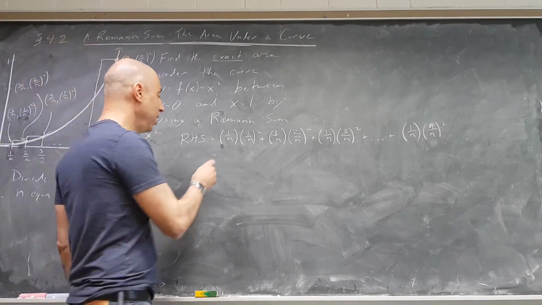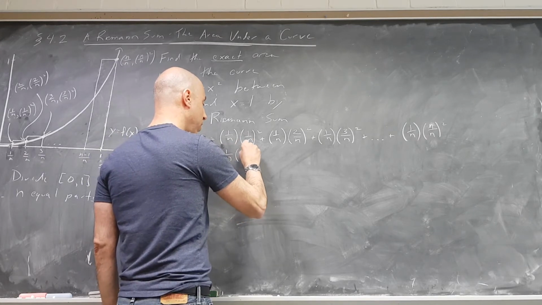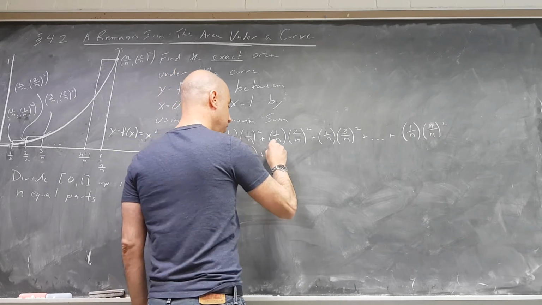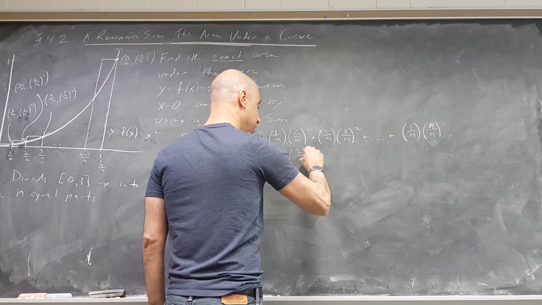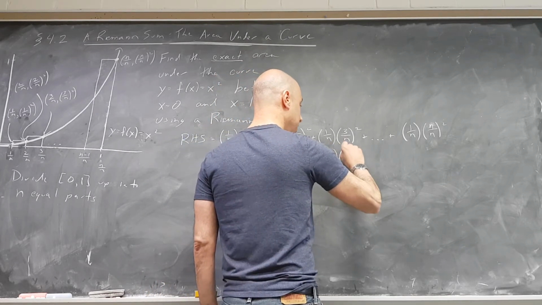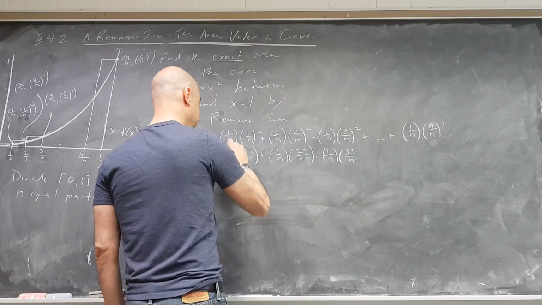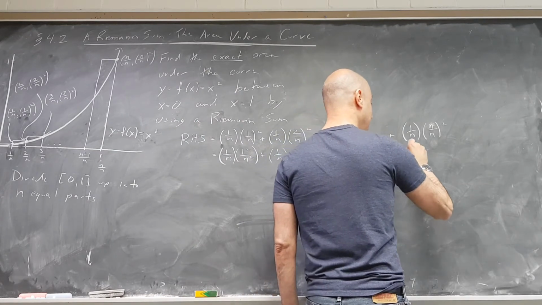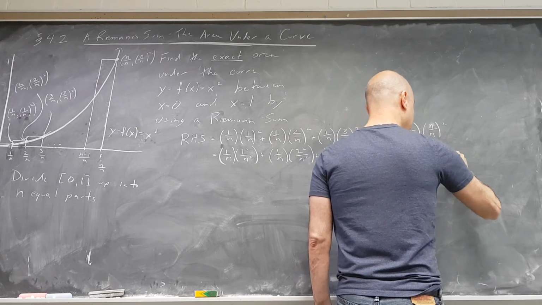Here we have division, so we have 1 over n times 1 squared over n squared, plus 1 over n times 2 squared over n squared, plus 1 over n times 3 squared over n squared. I don't know why I didn't put that in parentheses, not that it really matters. Plus all the way up to 1 over n times n squared over n squared.